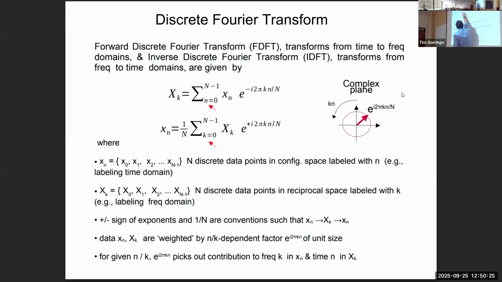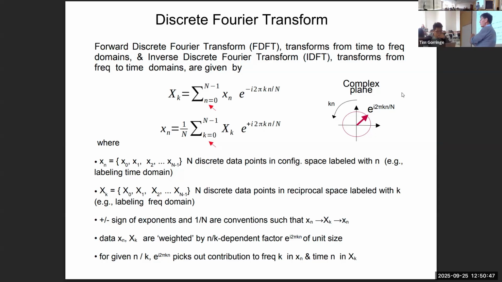The fact that there's no 1/n in front of this summation, but there is a 1/n in front of this summation, is one way of achieving that requirement, right? That you get back to where you started if you do the forward and then inverse Fourier transform.